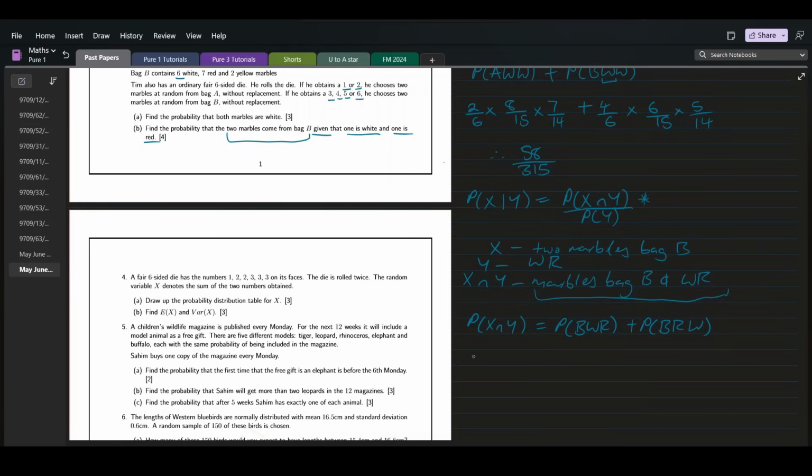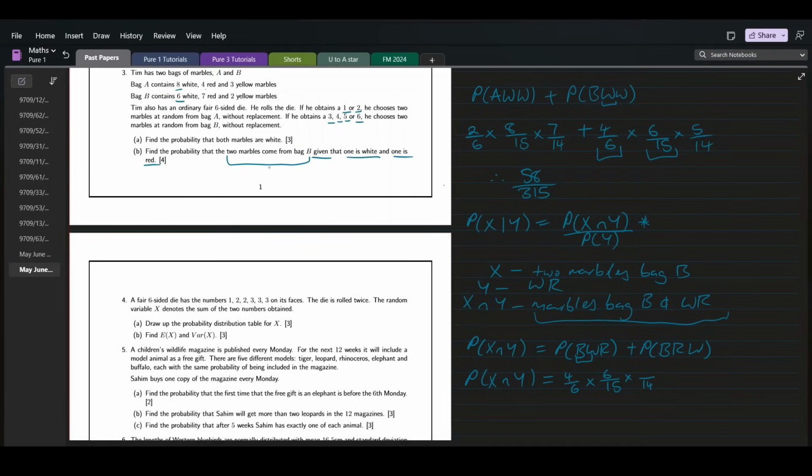Probability of picking bag B, we already said that is 4 out of 6. And then picking a white marble out of bag B, that is 6 out of 15. Now this is sampling without replacement, so the total marbles would be 14. And then we have to consider how many red marbles are in bag B. We've got 7, so that's 7 out of 14.